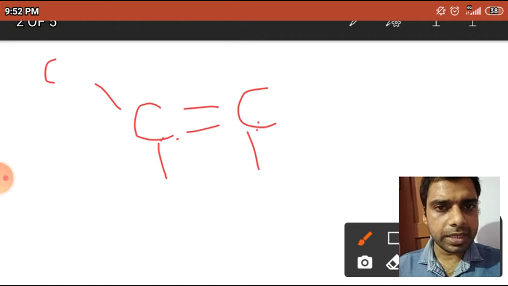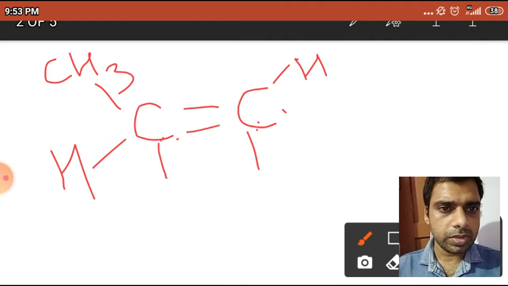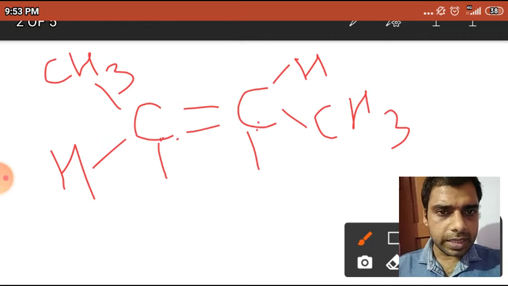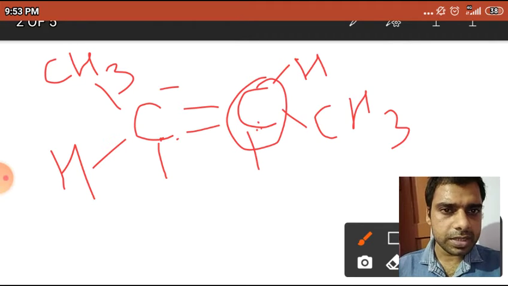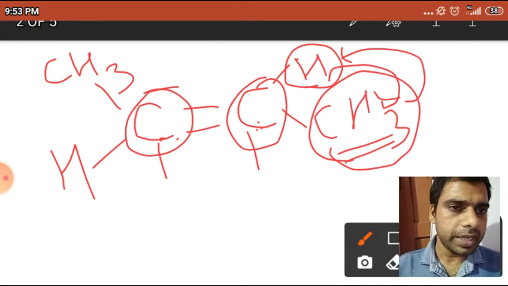But if I write here CH3 and here H, then you will see that there would be some hydrogen here and some CH3 here. Only that carbon and this carbon will be fixed at this place, but this CH3 is a group of atoms, and this hydrogen can change its place, they can interchange.